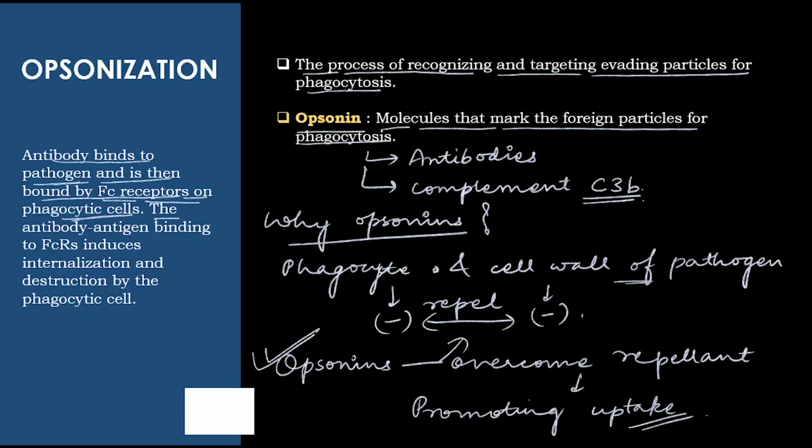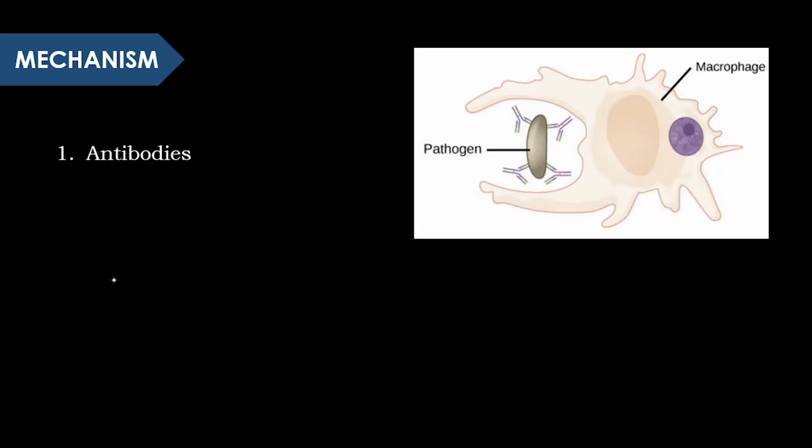Now the antibody-antigen interaction, or binding to the Fc receptor, will induce internalization and destruction by the phagocytic cells. Now as I have told you, there are two types of opsonins. First was the antibody and second was the C3b molecules of the complement system.